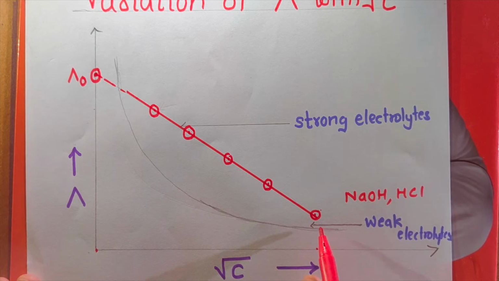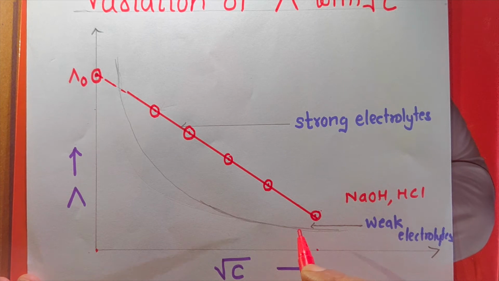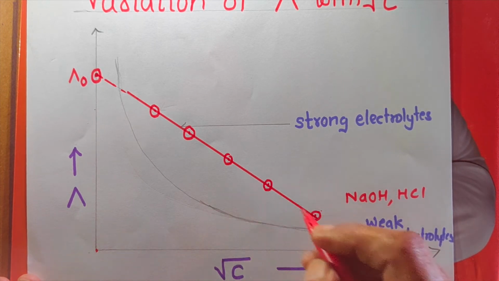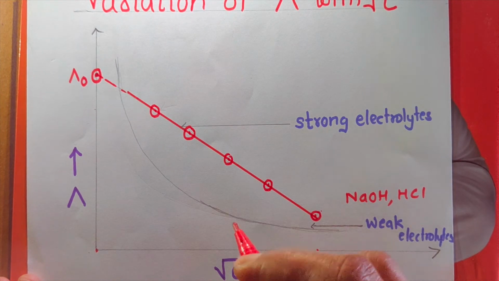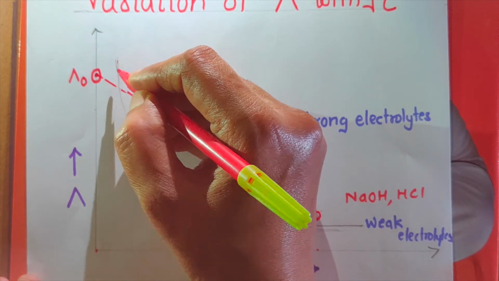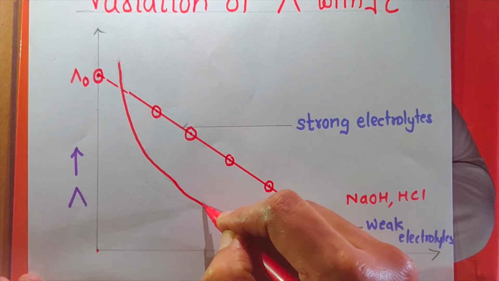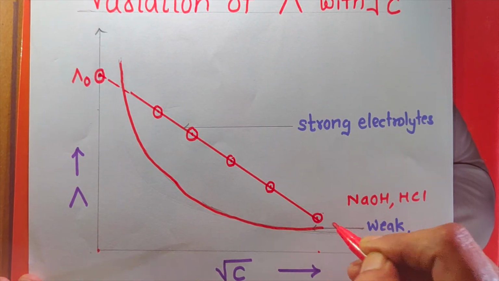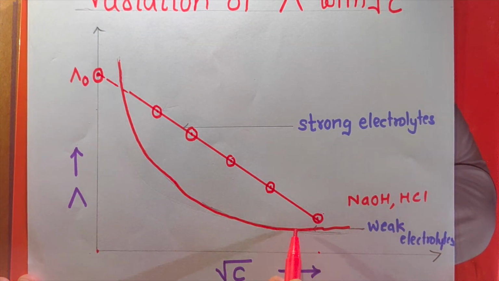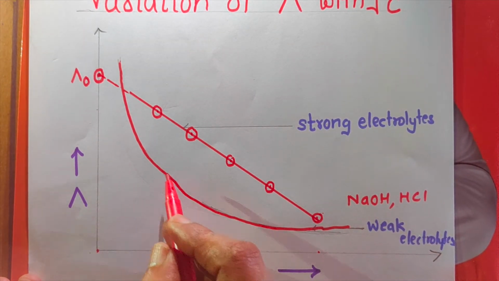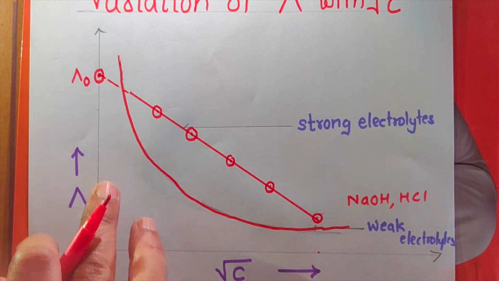As we increase the dilution, that is, decrease the concentration, the molar conductivity will increase, but not in the same manner as for strong electrolytes. Here you obtain a curve. When we plot the graph, the molar conductivity cannot increase in the same way, and you obtain points like this. So this is the nature of the curve.